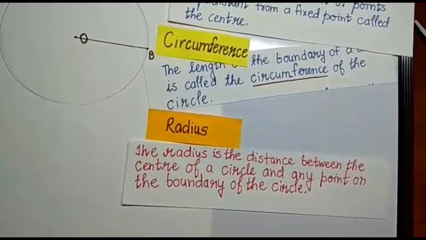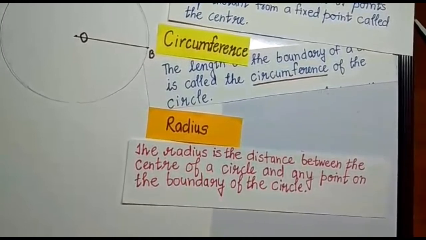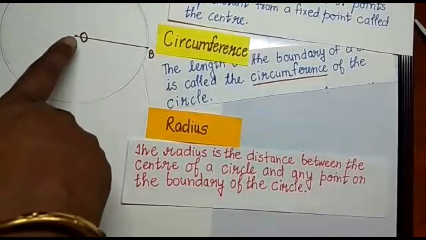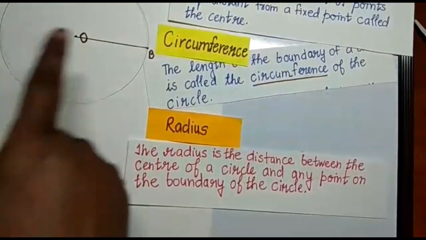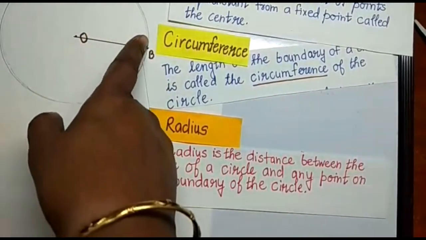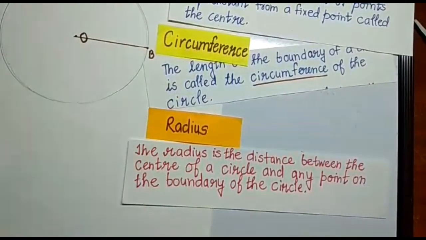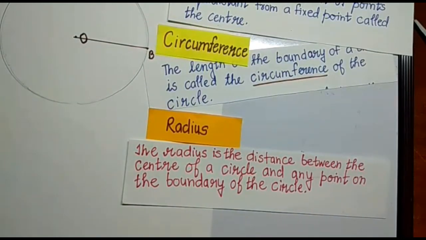So how can we define the radius? The radius is the distance between the center of a circle and any point on the boundary of the circle. So here line segment OB is nothing but the radius of the circle, and the plural of radius is radii.